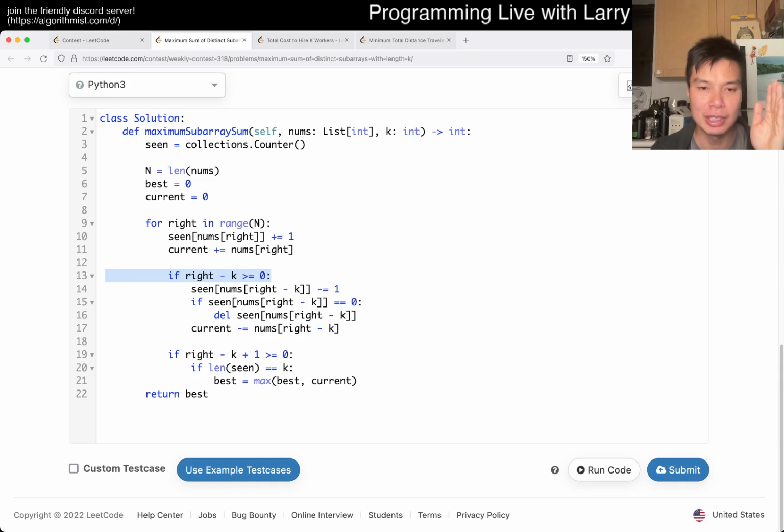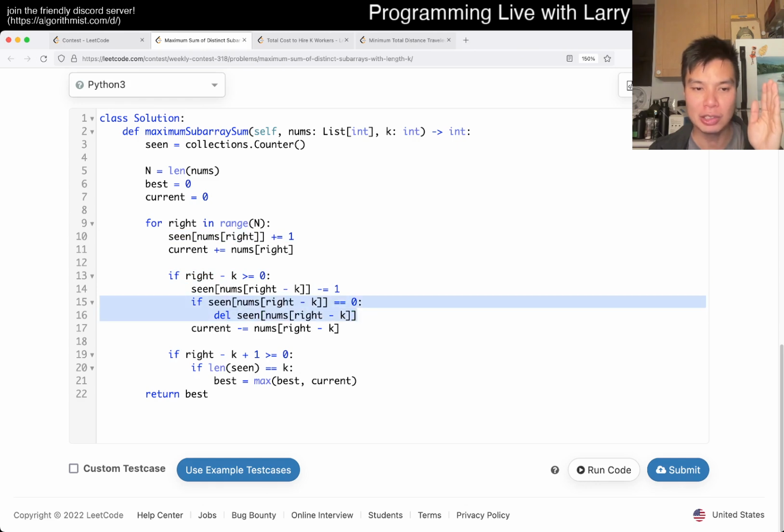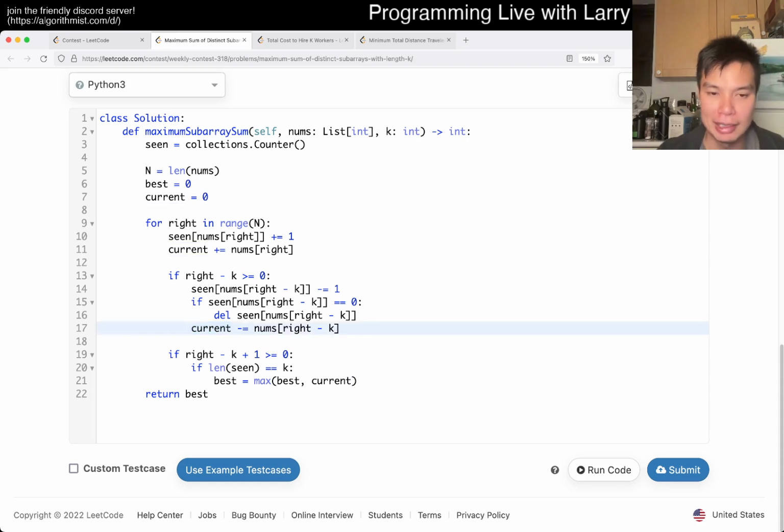And one thing that I do is that, and this is just to keep track of the counter, if the counter reaches 0, we could delete it. This is so that later we can check the length to see how many distinct numbers there are. And if the number of distinct numbers is k, then we can use the current sum, and that's pretty much it. And of course, as we slide out, we subtract it from the total of the interval in the middle. That's pretty much it.